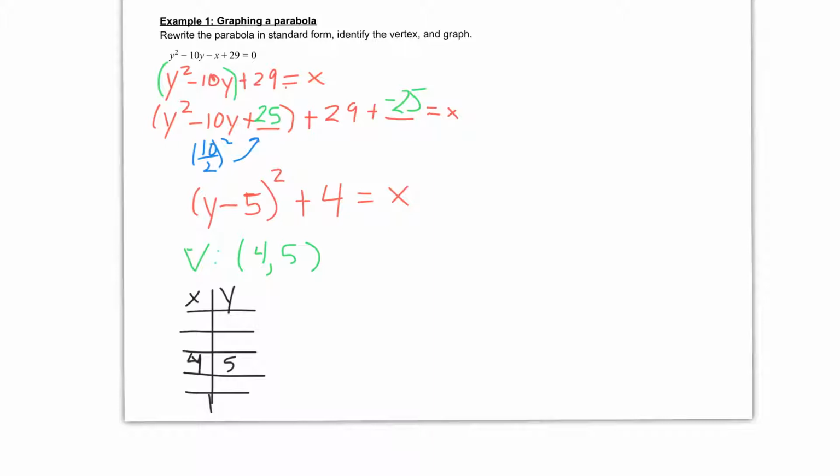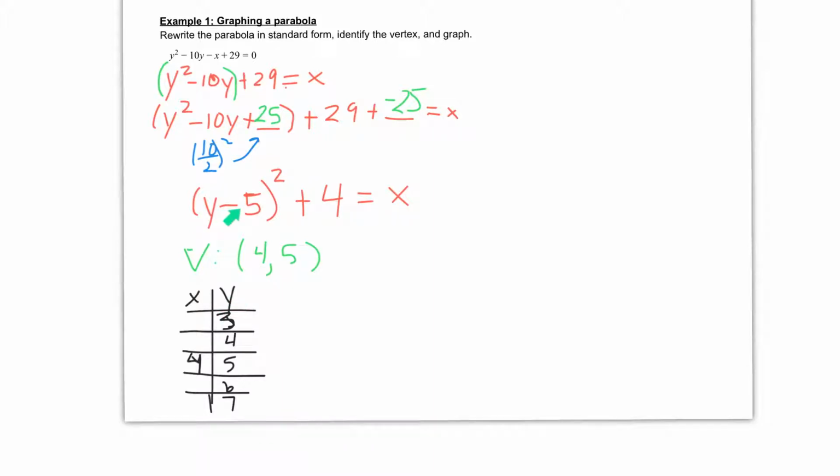And then since I have my equation with my x over here and my y over here, it's going to be easier to plug values in for y. So I'm going to pick my y values, a couple below 5 and a couple above 5. So we'll go ahead with 4 and 3 and 6 and 7 in the other direction. And then all you're going to do is take those numbers and plug them in here.